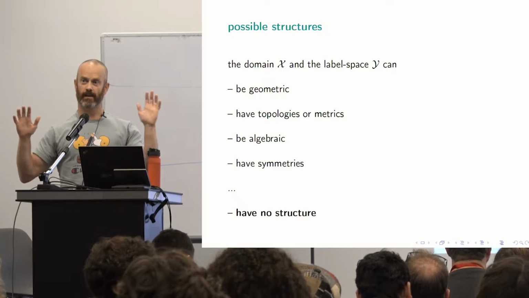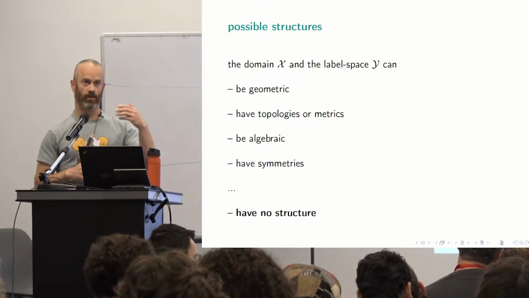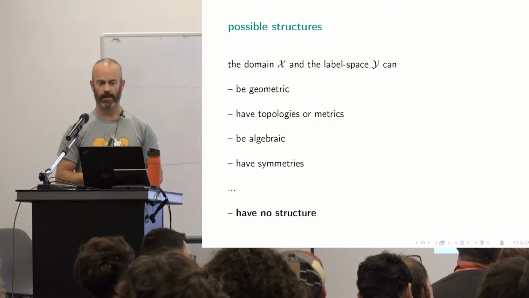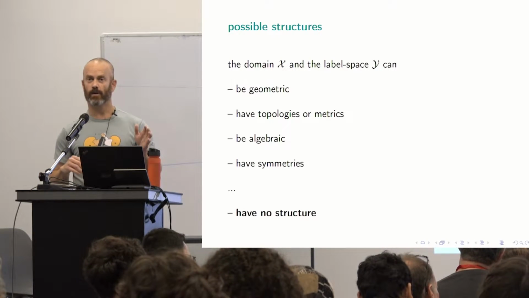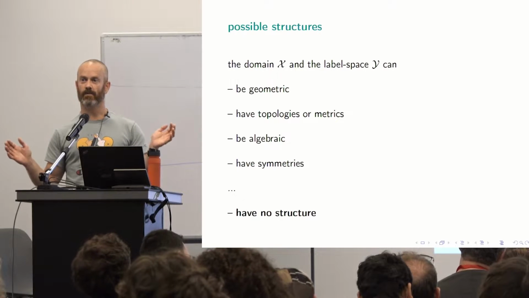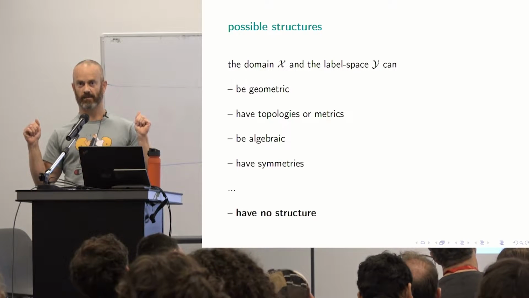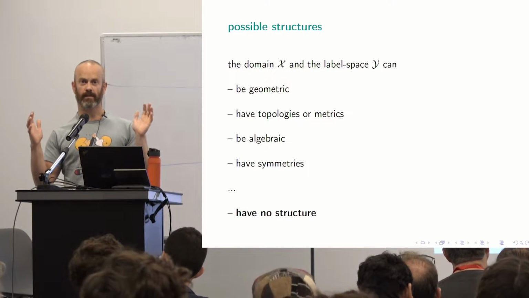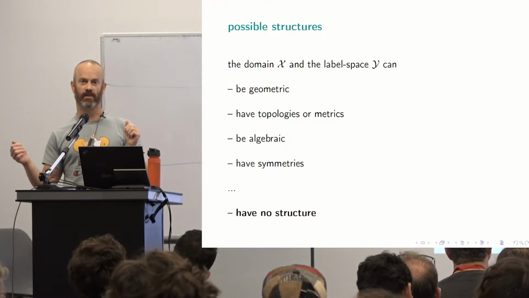There could be many structures that one can put on top of this to try to understand it better from a mathematical perspective. In this talk, I'm going to ignore any structure and focus on the scenario where there is no structure. So X is just some set and Y is just some set.